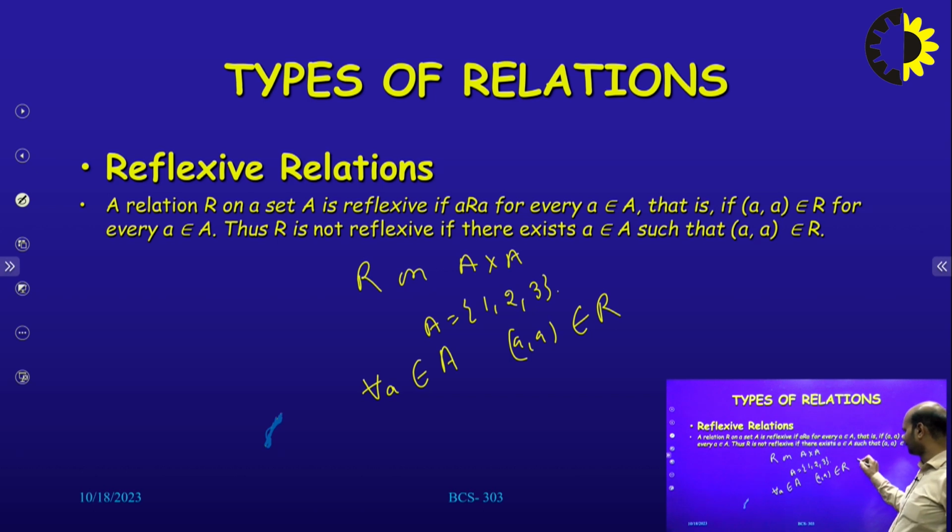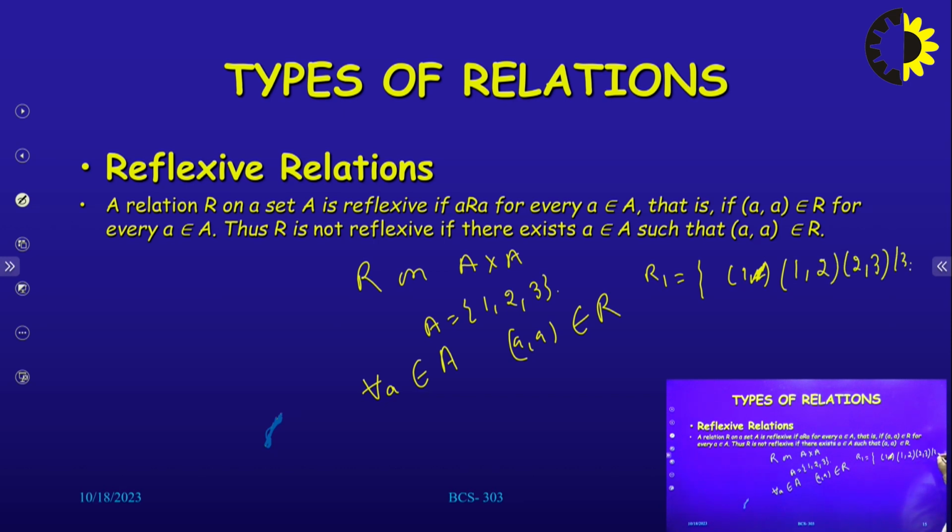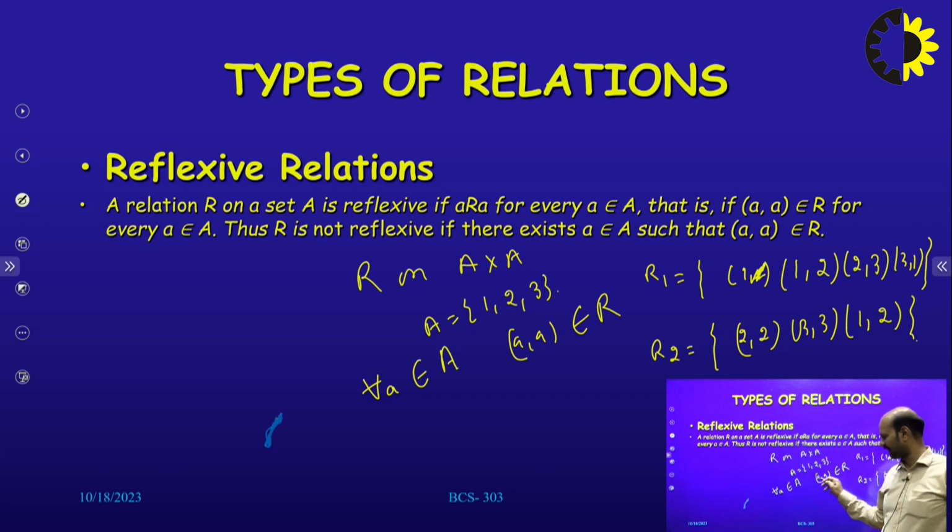It means that if R1 is a relation like (1,1), (1,2), (2,3) and (3,1), and another relation R2 is equal to (2,2), (3,3) and (1,2). For a reflexive relation, every element of this set must be related to itself. There are 3 elements, that is 1, 2 and 3.